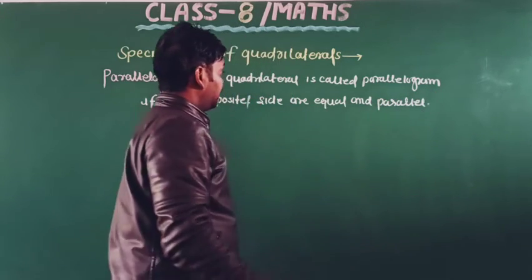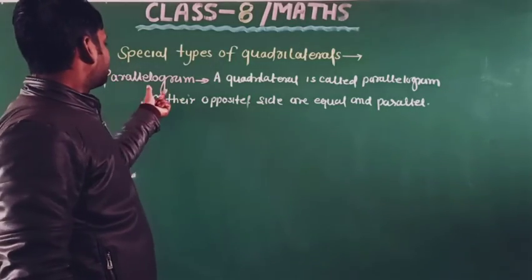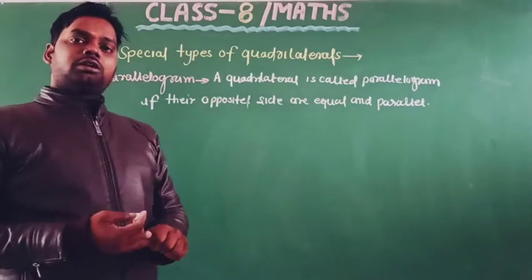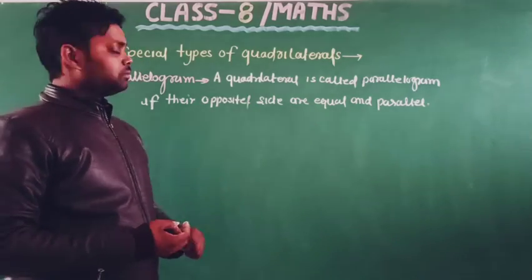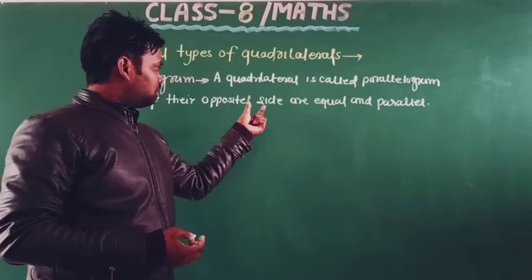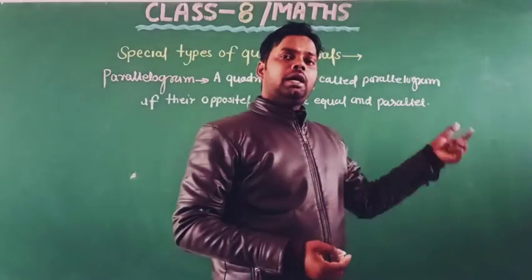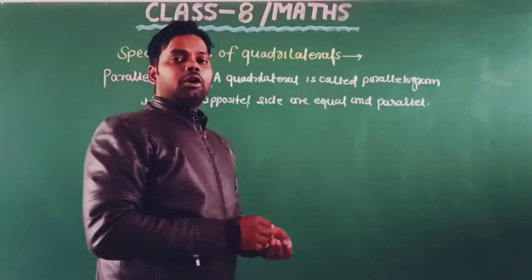So a quadrilateral is called parallelogram if its opposite sides are equal and parallel.